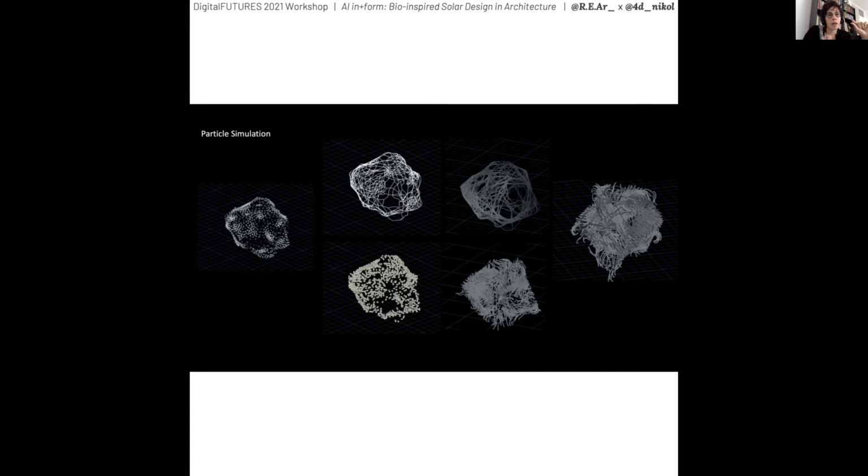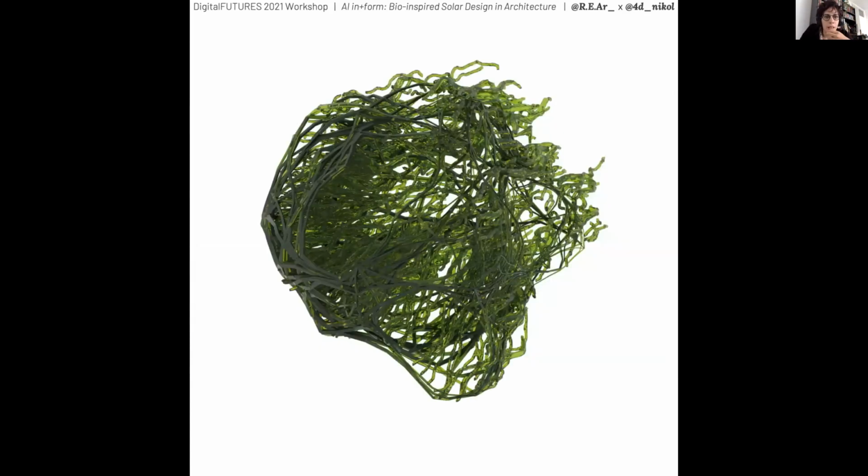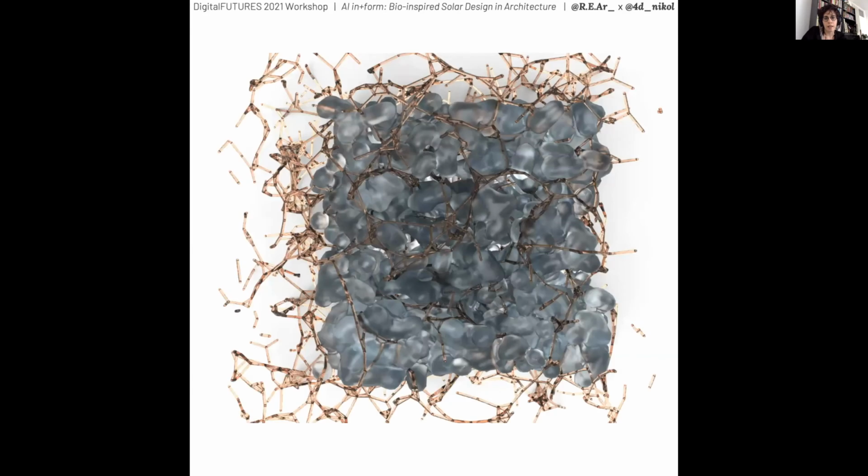And also, another idea that would be quite interesting is creating the mesh or the skin that, again, we can think about as a potentially soft or not soft skin that attaches or sits in between buildings. And finally, here are just some examples of the form finding exercises that result from those processes.